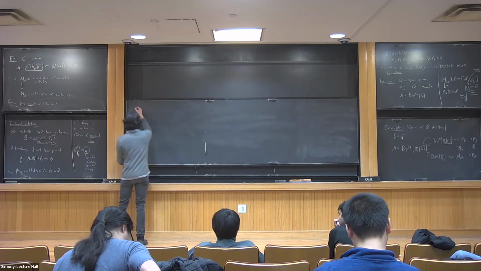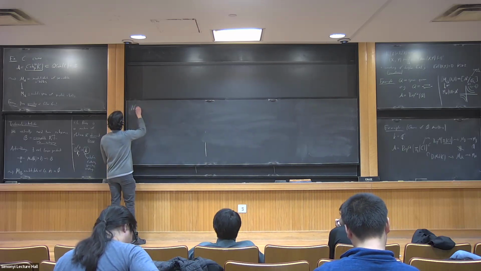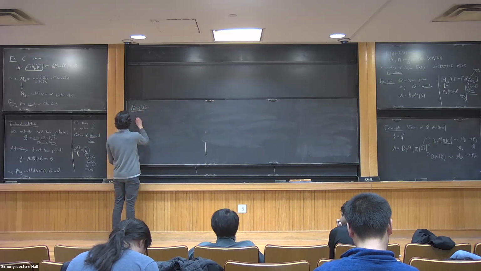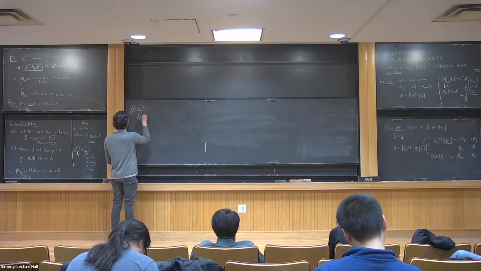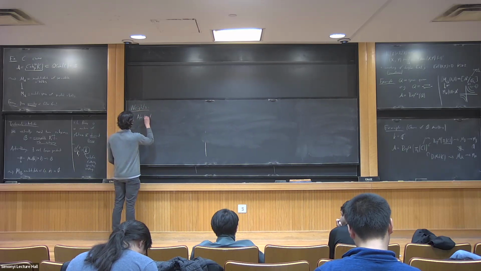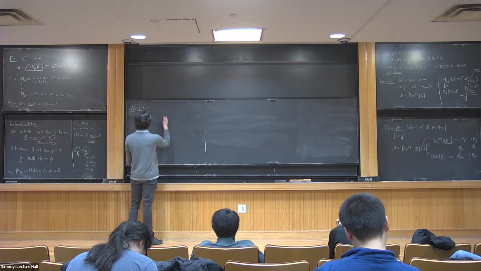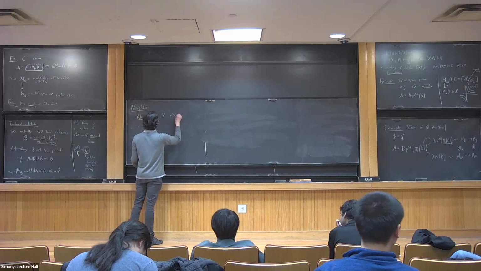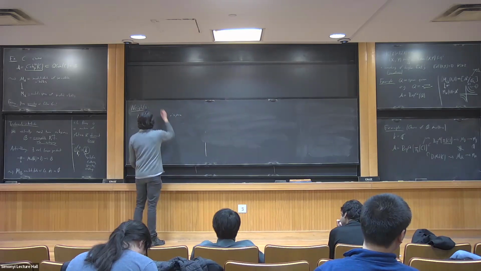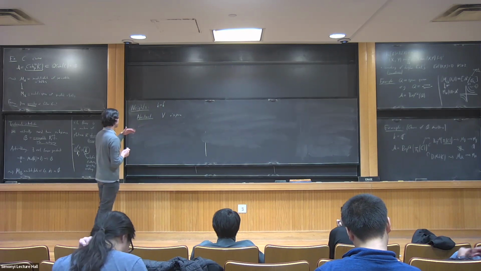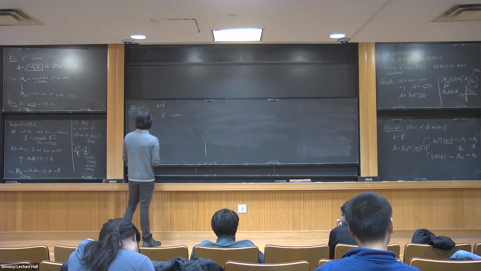So let me talk about weights next. There's an abstract story here first. If you take a vector space V, here we're going to work over an algebraically closed field because the weights don't depend on any arithmetic definitions.